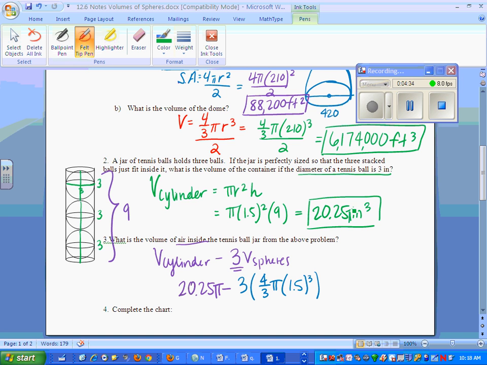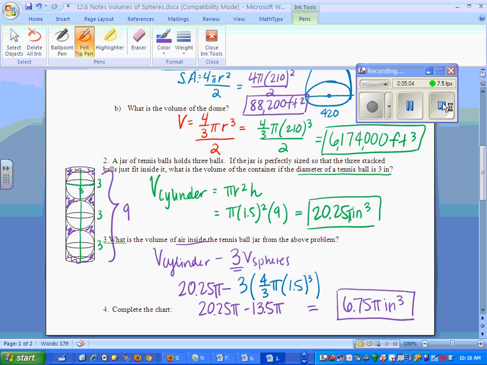So we have 13.5 pi, 20.25 pi minus 13.5 pi. And my final answer, 6.75 pi. Again, this is inches cubed, and that is the space around the tennis balls, because we're asking for this part around here.